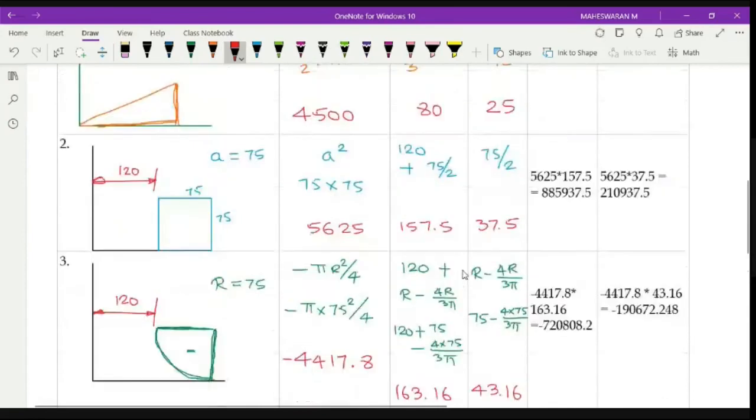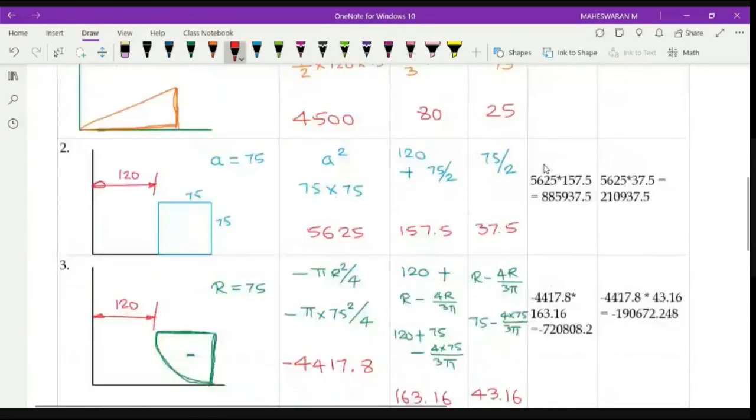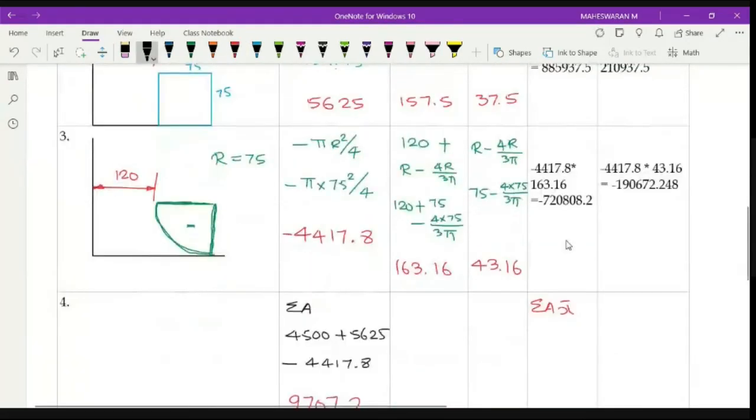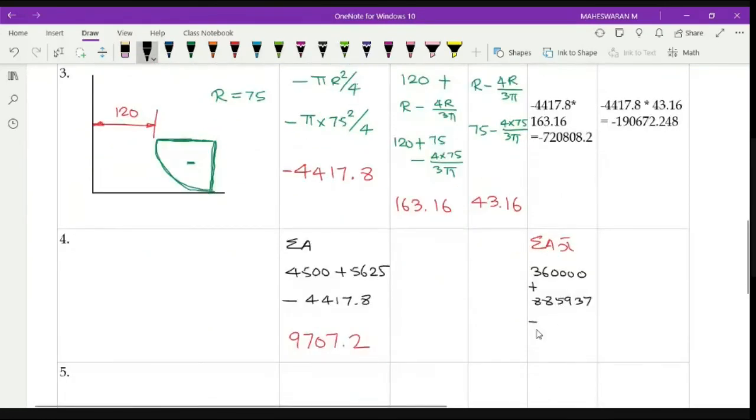Now you can identify sigma A into x bar. So do that: 60000 plus 85937 minus 7208.